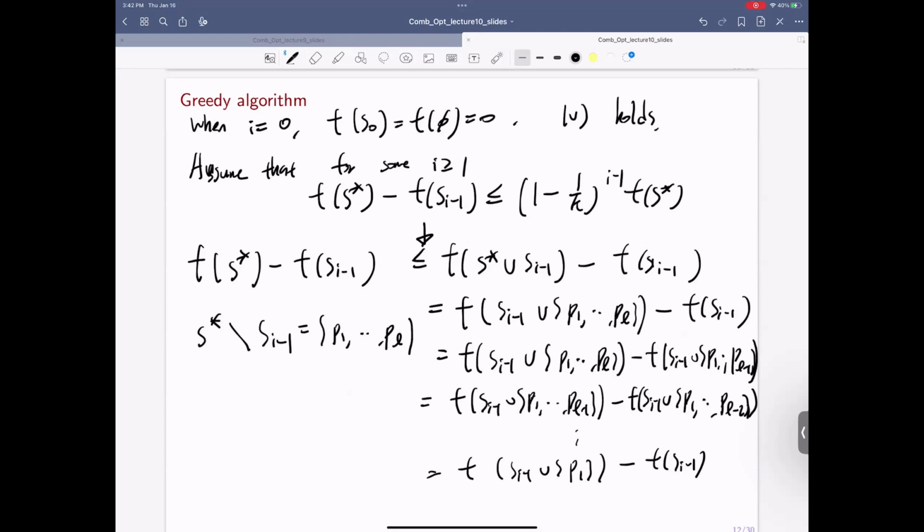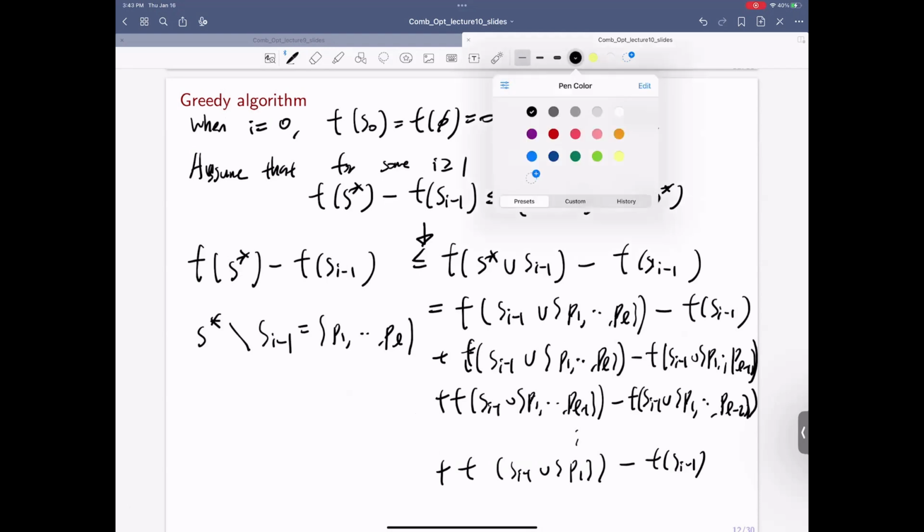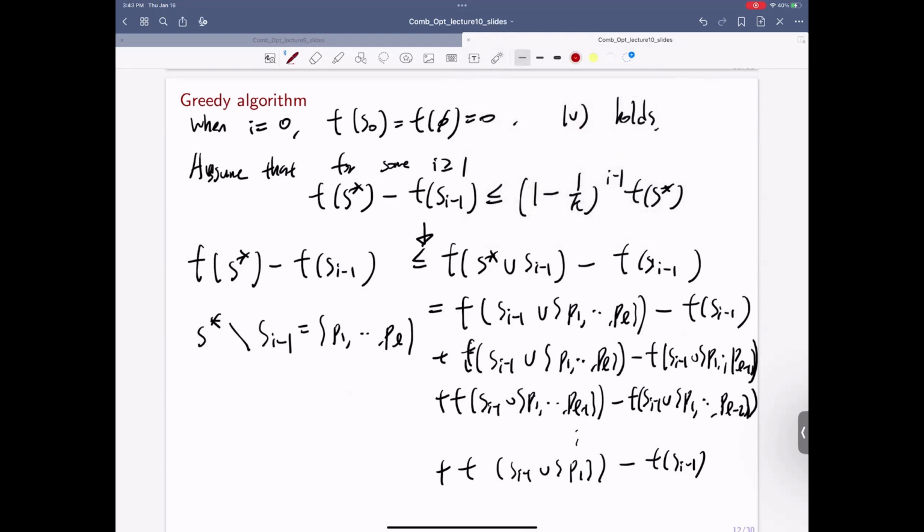Now I have rewritten the right hand side. The reason that we get this equality is because this thing cancels by the telescoping sum.